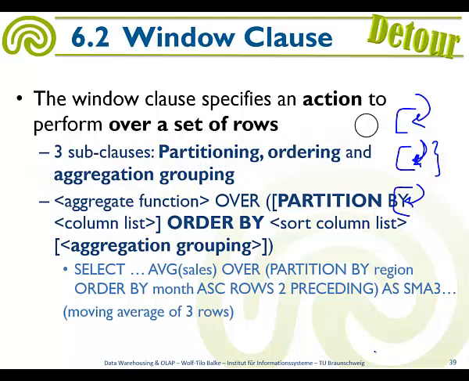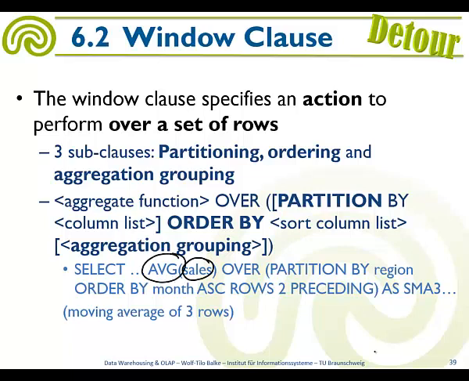So how can we actually use the window clause to solve something like the moving average, which we just saw 2 slides ago? Well, basically all we need to do is, let's assume we want to get a moving average on our sales.